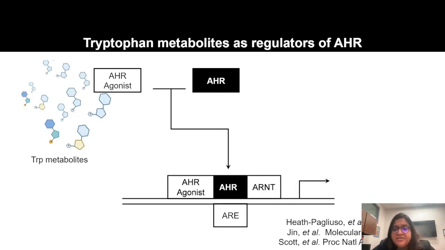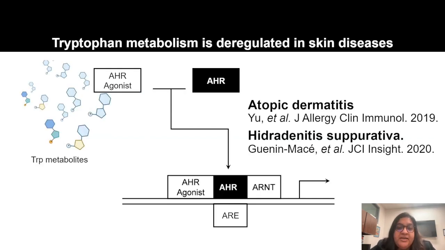Now, there is precedence from the gut microbiome field that microbes produce tryptophan metabolites, which then act as regulators of AHR signaling. It has been shown through a wide variety of studies that, at least in the gut, microbiome-derived tryptophan metabolites regulate barrier function. There's also precedence to look at tryptophan metabolism in skin diseases.